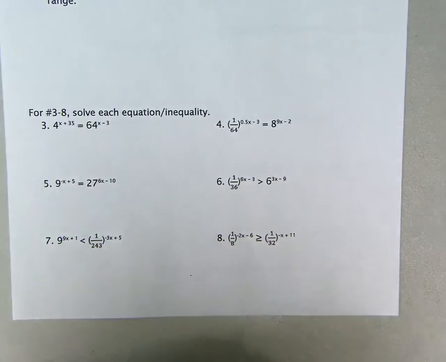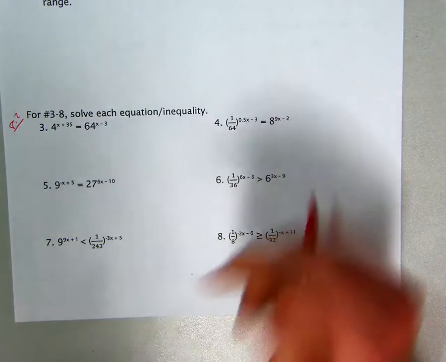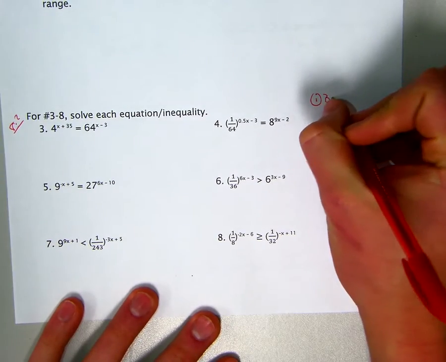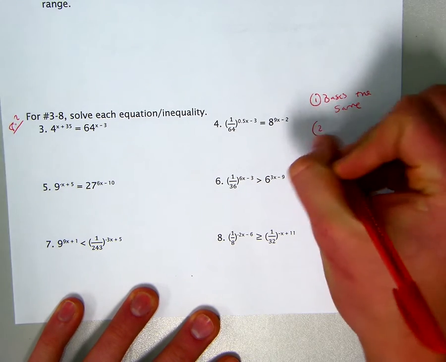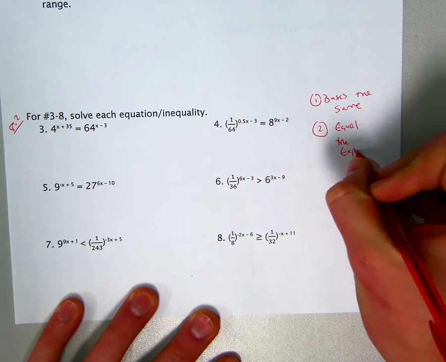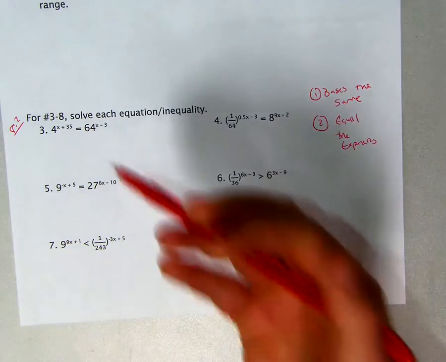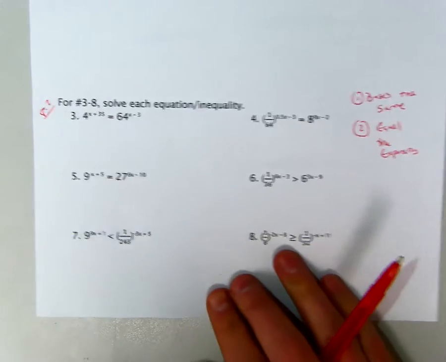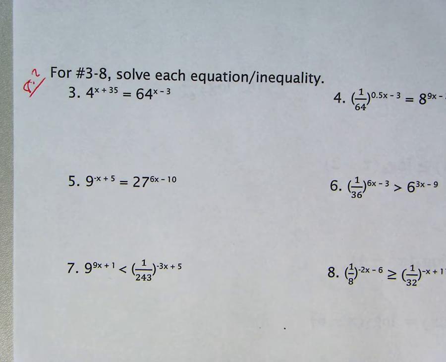8.2. Biggest thing we need for 8.2 is you need to get the bases the same, and then set the exponents equal. All right, so when you're looking at, say, this number 3, we have to decide a couple things.